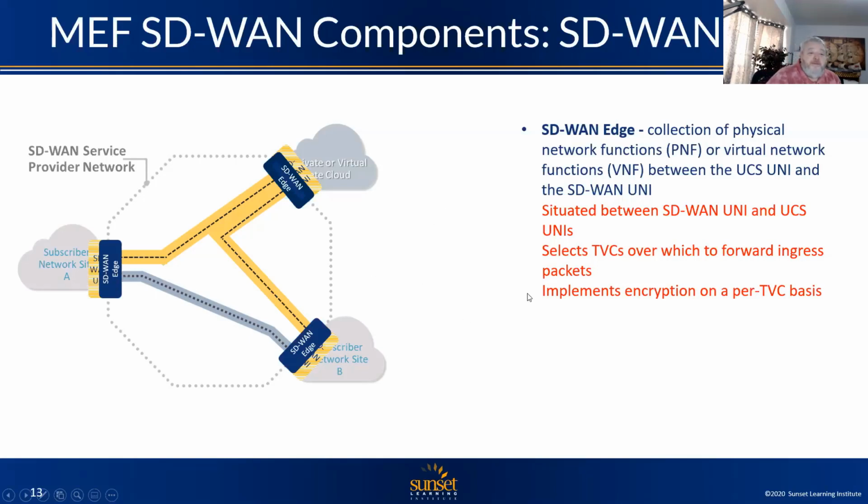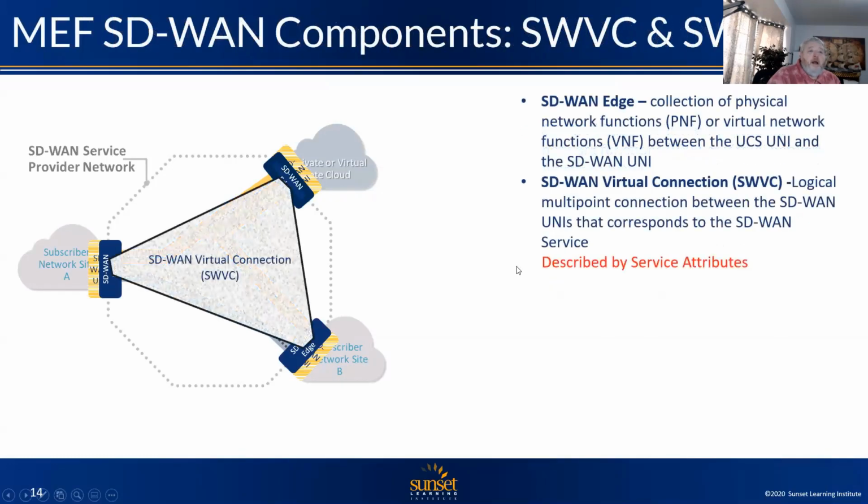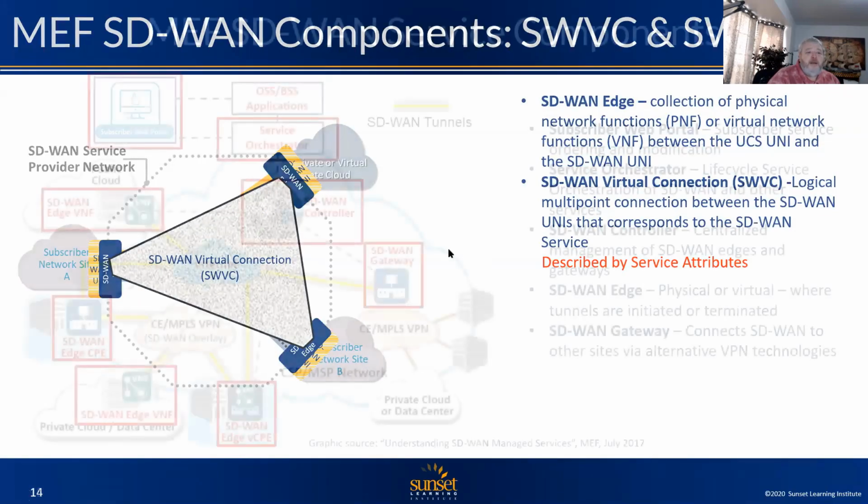As I say here, the SD-WAN edge, we also do encryption. That's where we're encrypting the packets before we send them across the SD-WAN. All right. The SD-WAN virtual connection, SWVC, represents the SD-WAN as a whole. And again, it has its own service attributes.